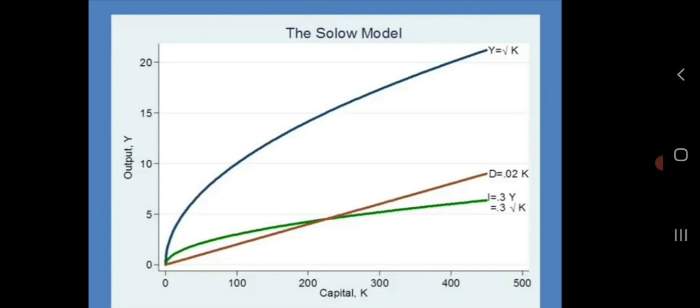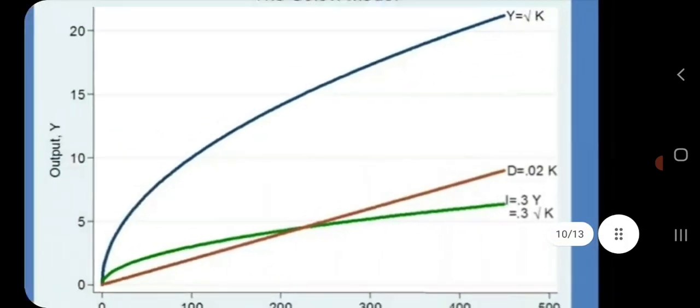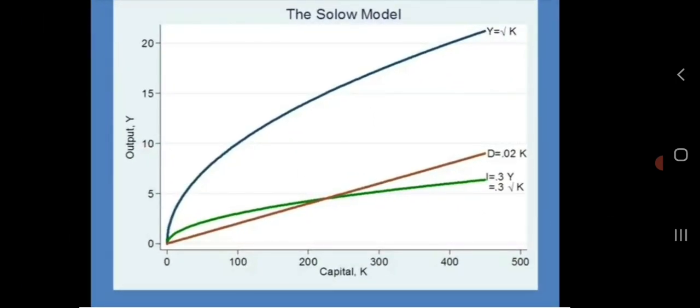As you can see, the red line shows the depreciation, and the function is d is equal to 0.02k. That's what the function is for depreciation. This means that if there are 100 capital units, then 2 units wear out, or 2 units depreciate every year.